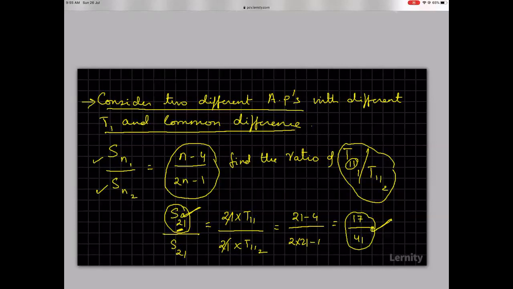So from there, all that I need to do to find the ratio of T11s is to find the ratio of S21s, because only for S21, T11 will be the middle term.